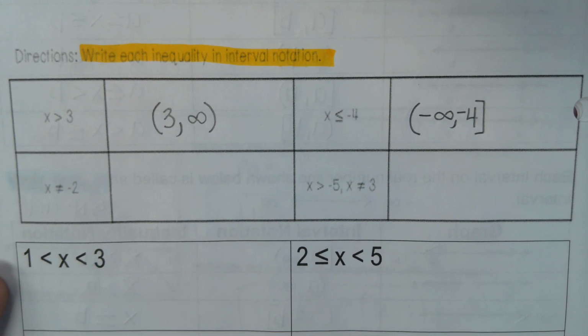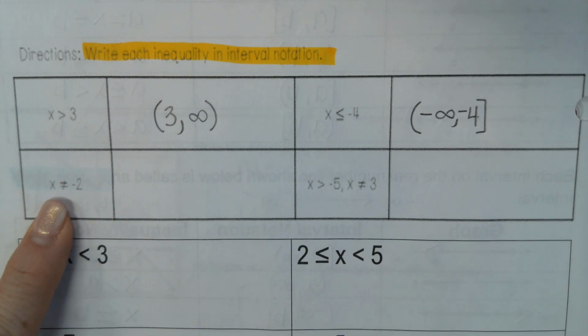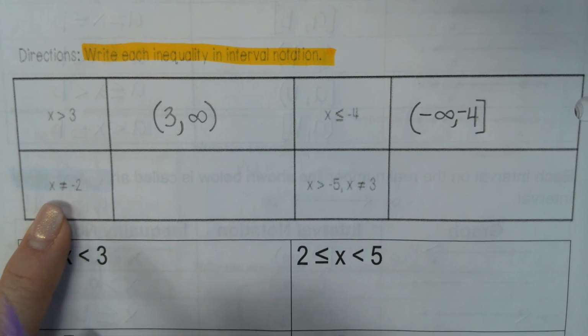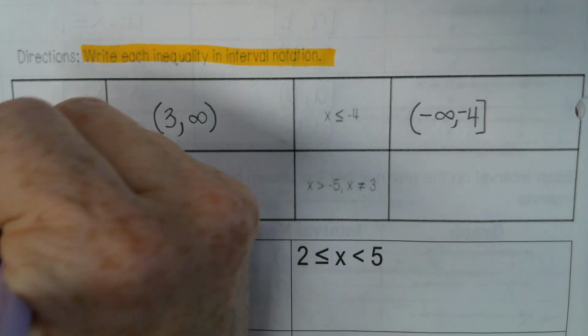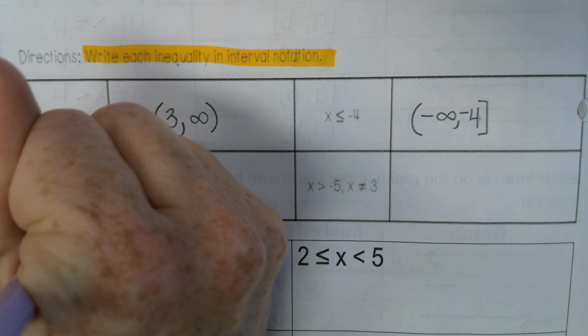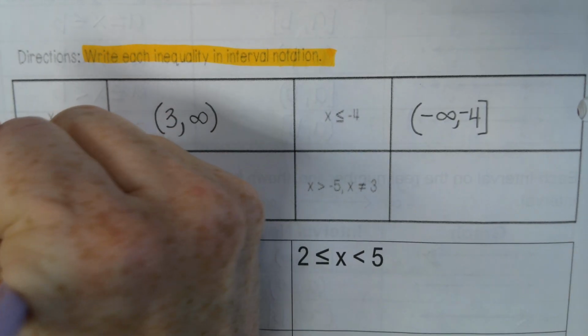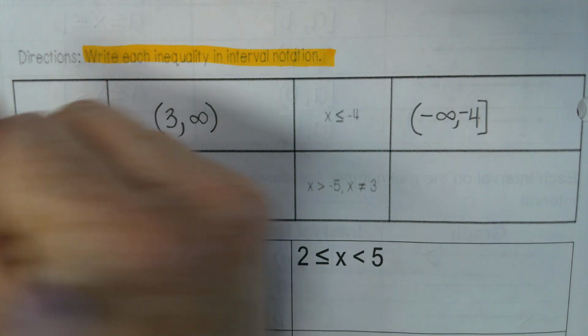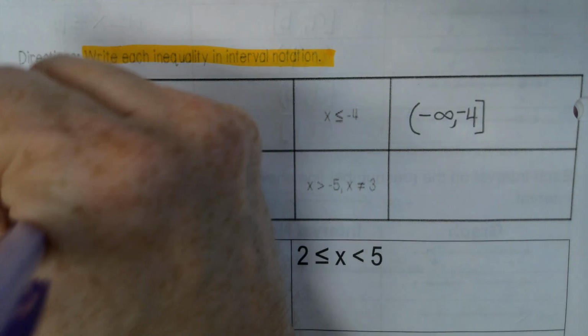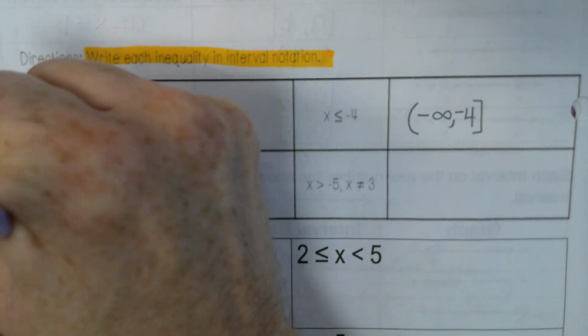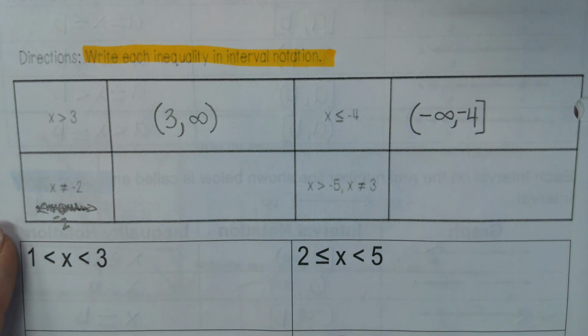All right. This one, x cannot equal negative 2. So that means any and everything else on my number line is shaded in. So let's say here's negative 2 right here. That means there's an open circle, and everything else is part of that graph.